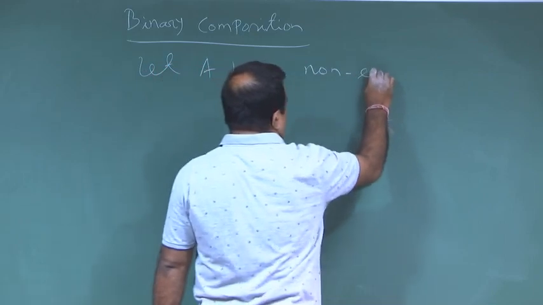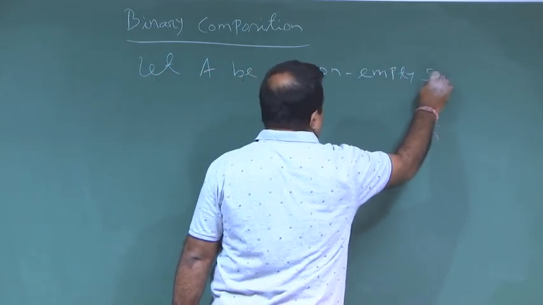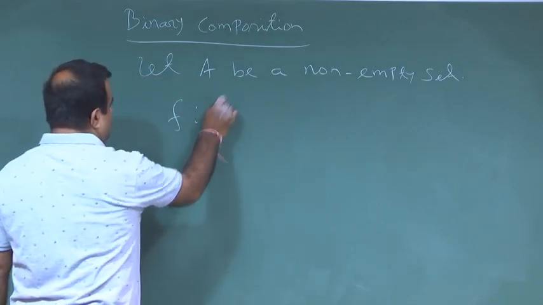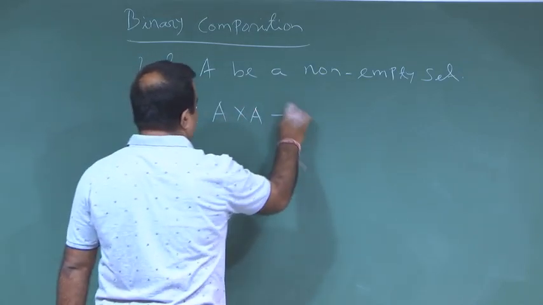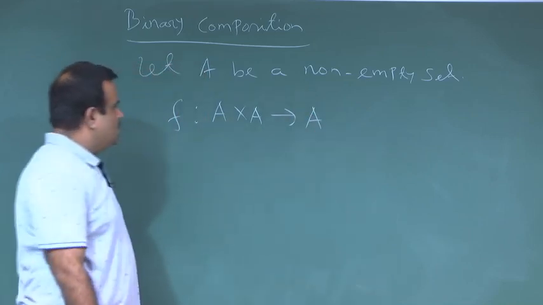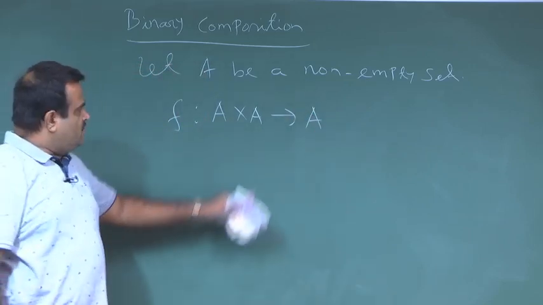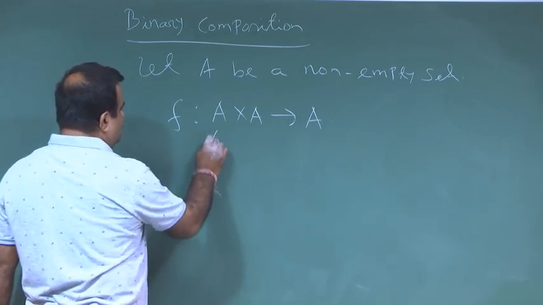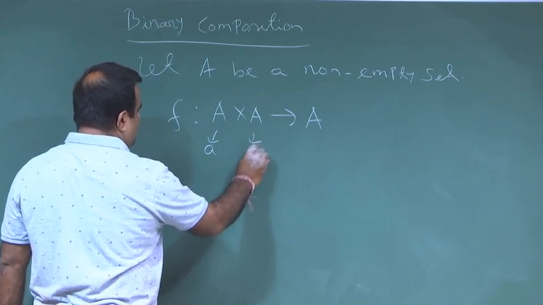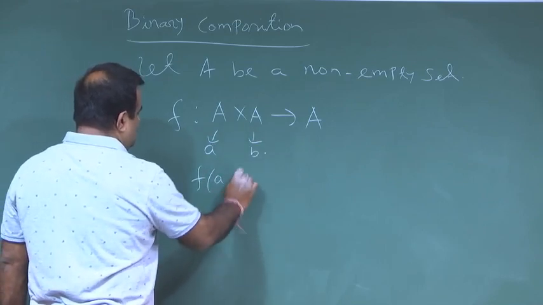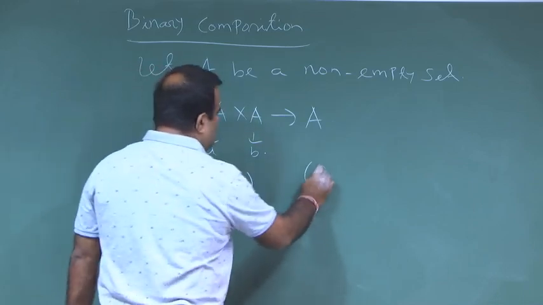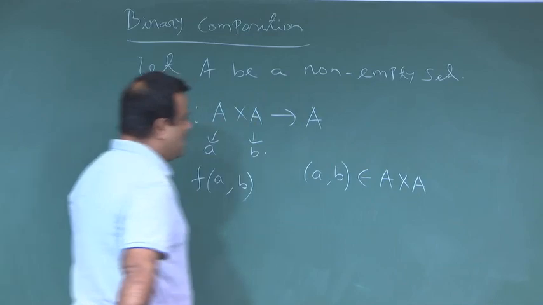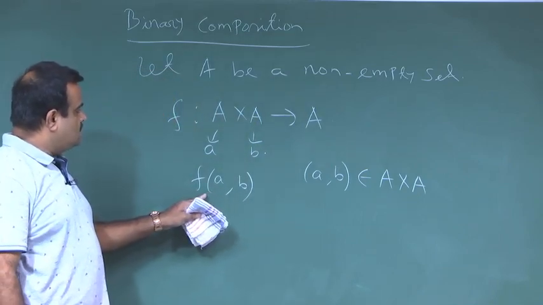Let A be a non-empty set of elements. Then we define a function f from A cross A to A. So, basically we take an element from A, another element from A, that is, an element from the Cartesian product A cross A, and then we apply this function.